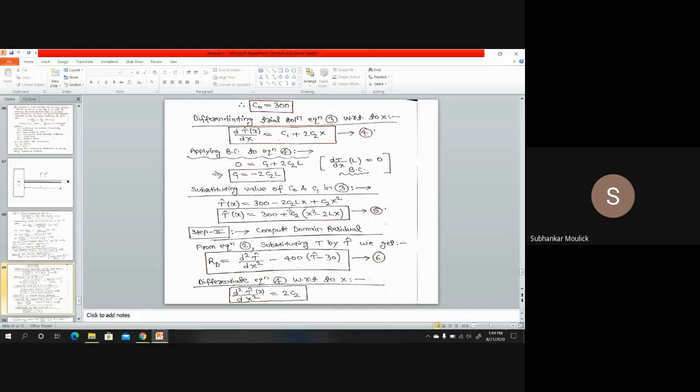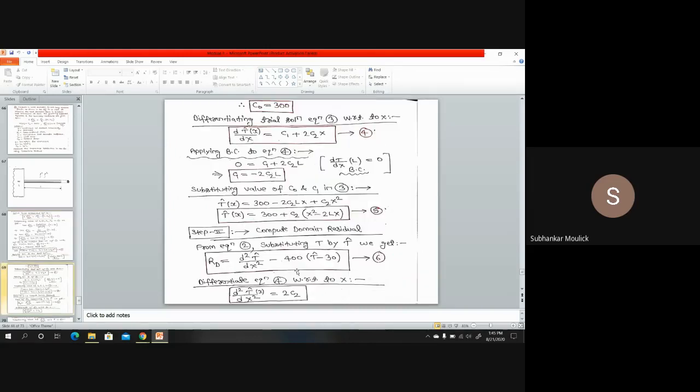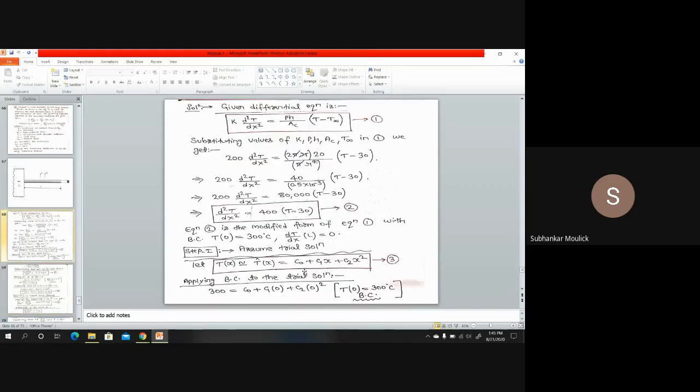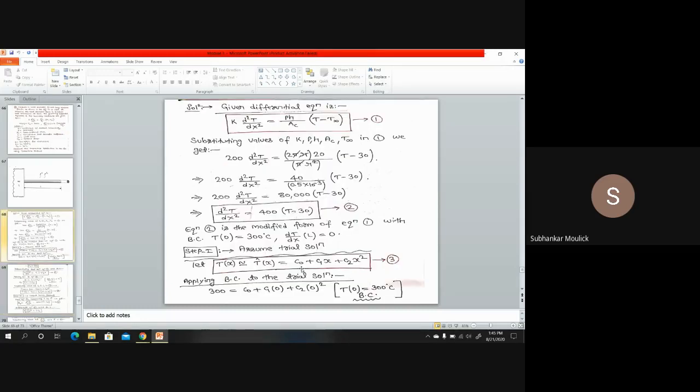Now we will substitute this value of C1 and C0 in the assumed trial solution. So the new trial solution becomes T cap of x is equal to C0, which is 300, plus C1 into x.